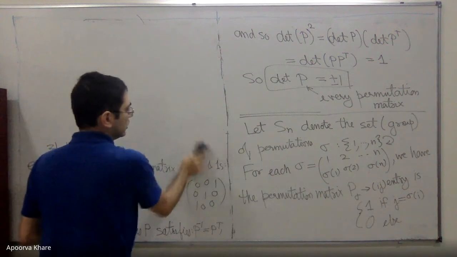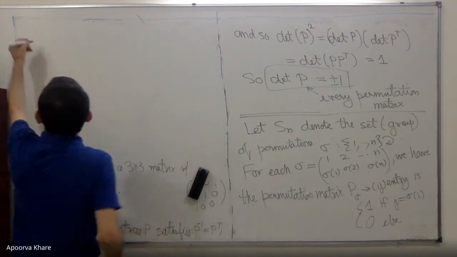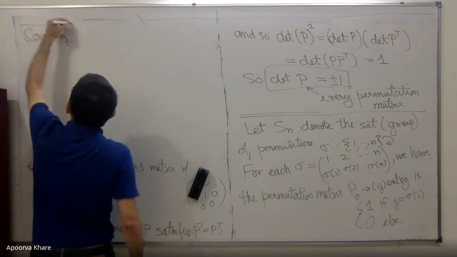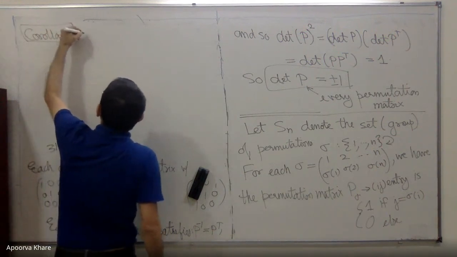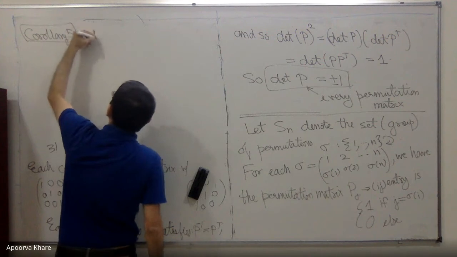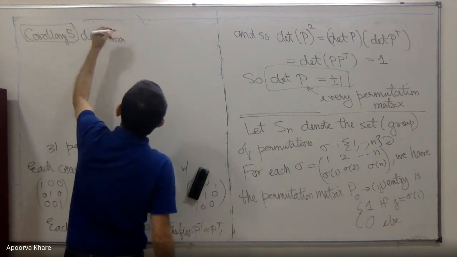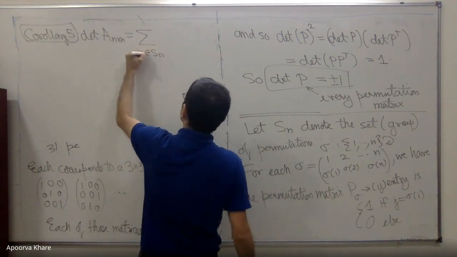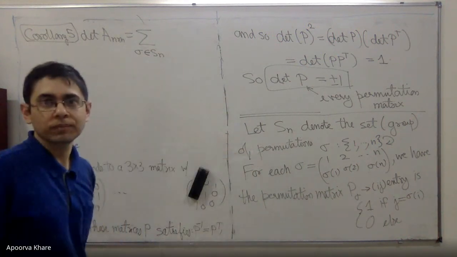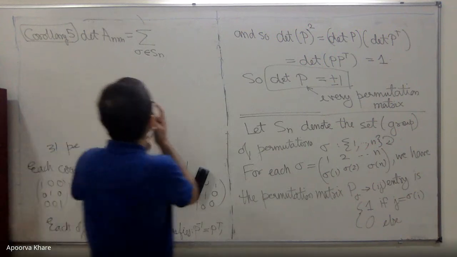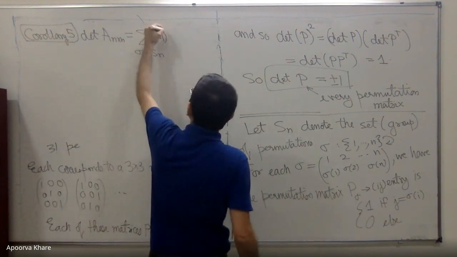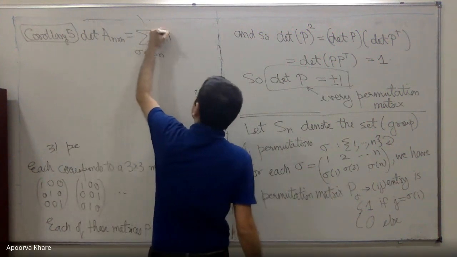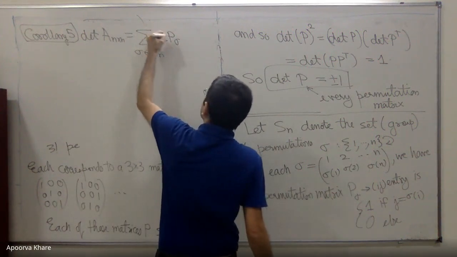Then I have corollary 5, I guess. Determinant of A, n cross n, is the summation over all the permutations. There are n factorial many of them. So you take all the possible things you can do. You take det of P sigma. Okay?